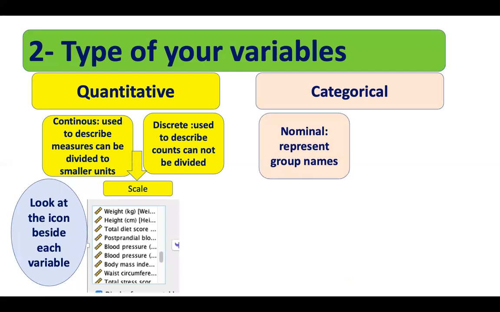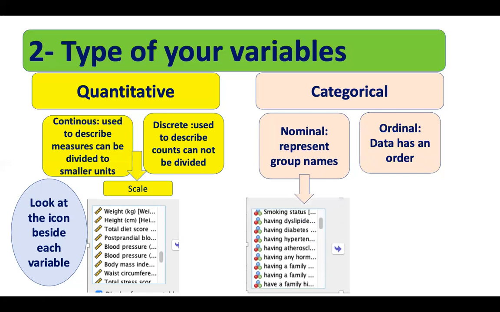Then we are going to mention what categorical variables are. They may be nominal or ordinal. Nominal variables represent group names, but ordinal variables are names that have an order. Nominal variables are like what?